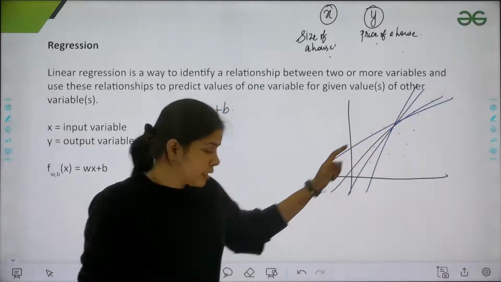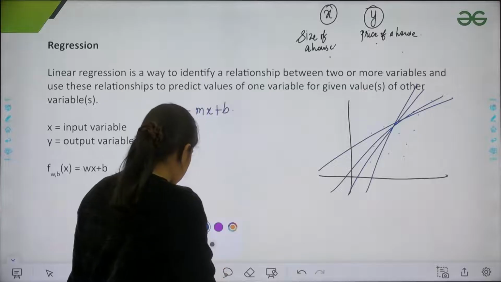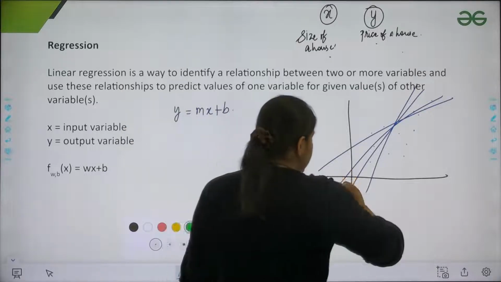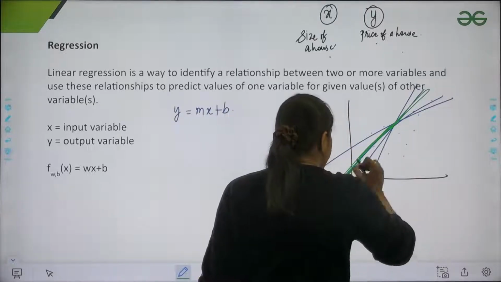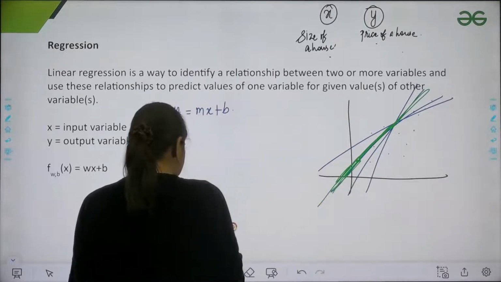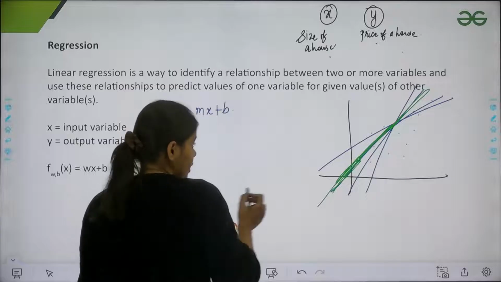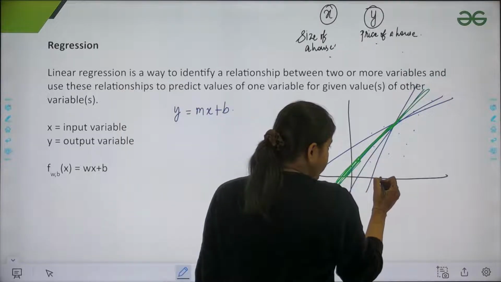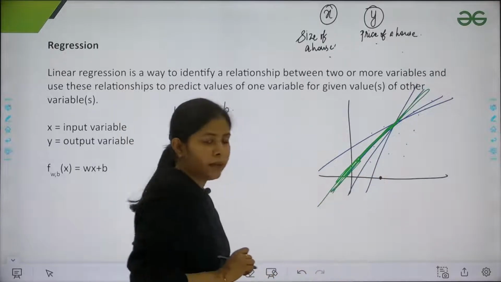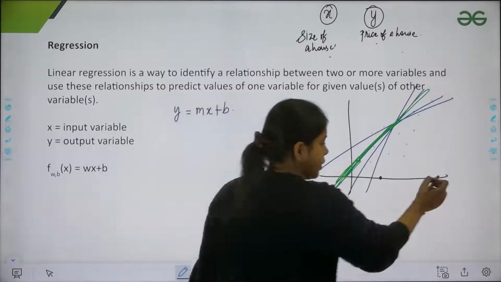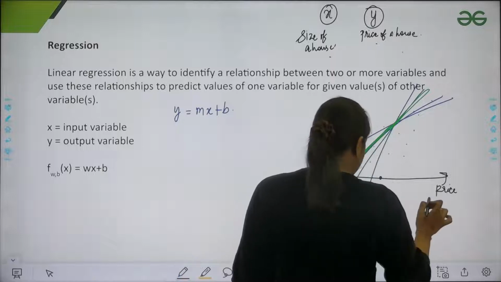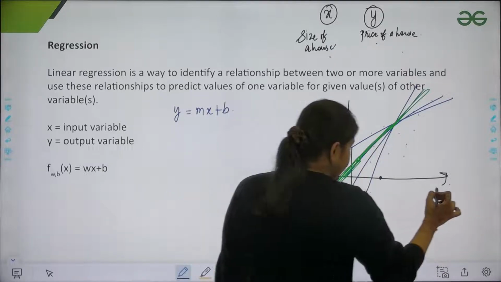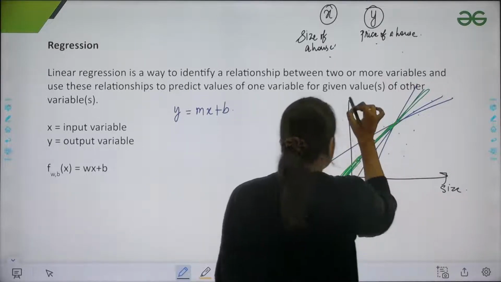So that means you can see that, let's suppose I am saying that this line predicts my data properly, right? This is my line which predicts my data properly. I'll take this as my algorithm. So what would happen here? Let's suppose on this x-axis we have size of a house.